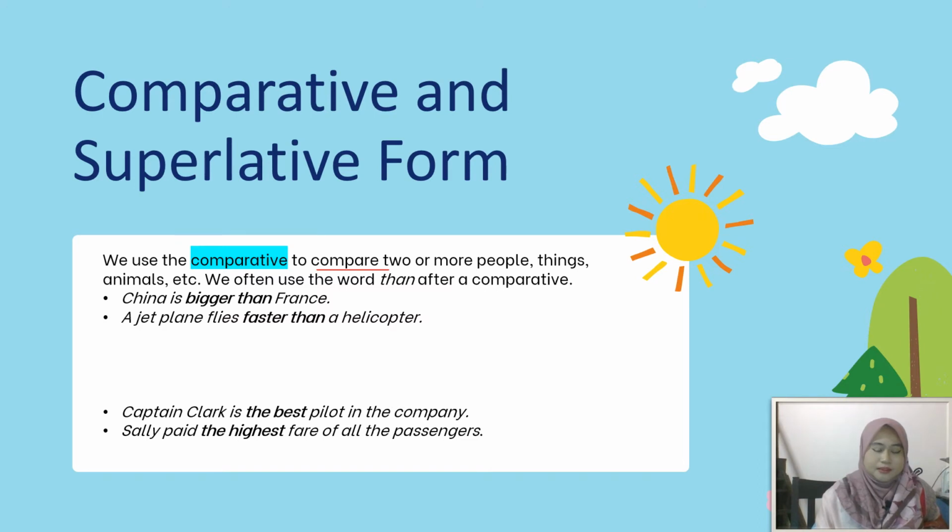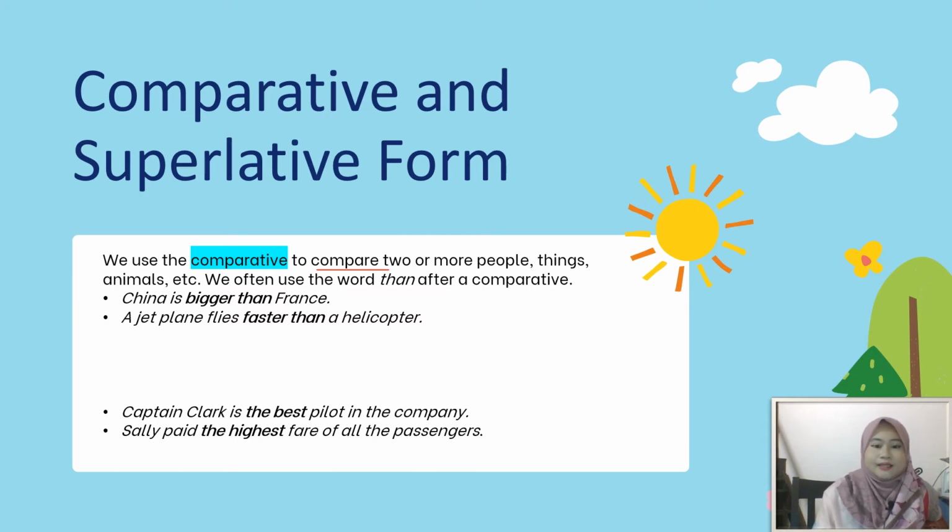For example, the word good. Okay, good is an adjective, but if you want to use the comparative adjective, you do not use gooder. It becomes better. Okay, comparative adjective for good is better.